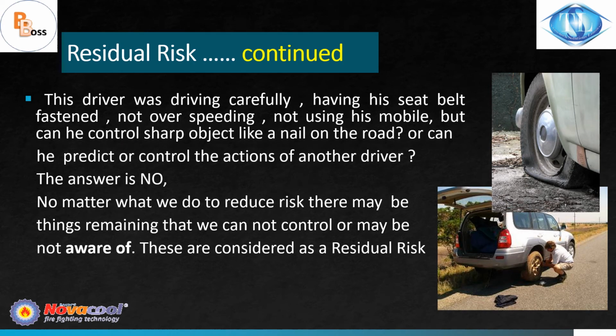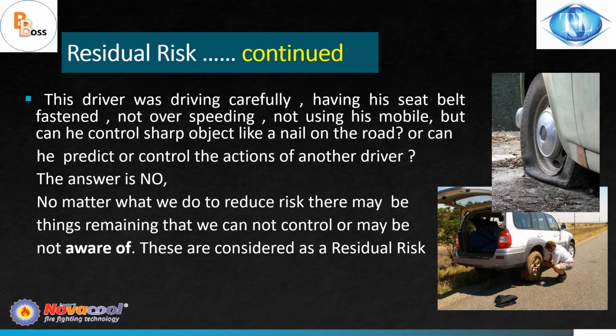This driver was being careful: he has his safety belt fastened, he's not exceeding the road speed, he's following the signals, and he's keeping a distance from the car in front of him. But can he control the sharp object on the road, or the action of another driver? And the answer, of course, is no.